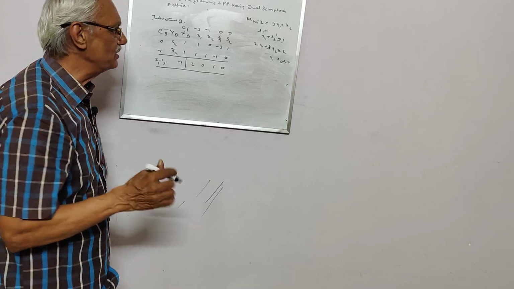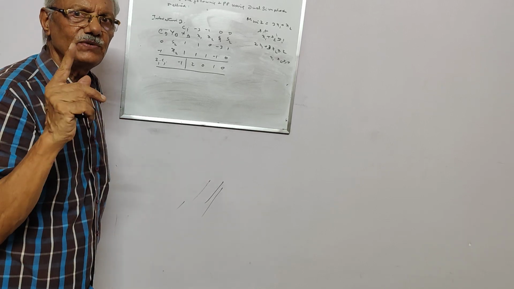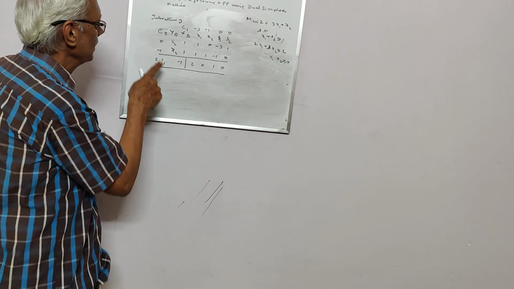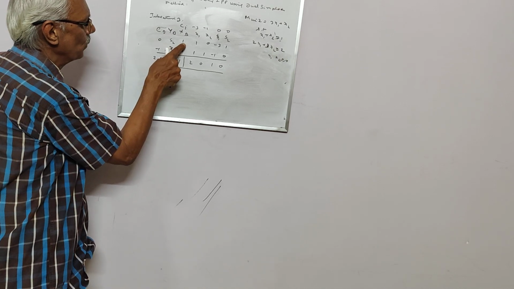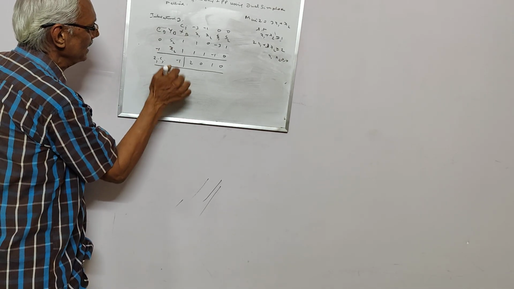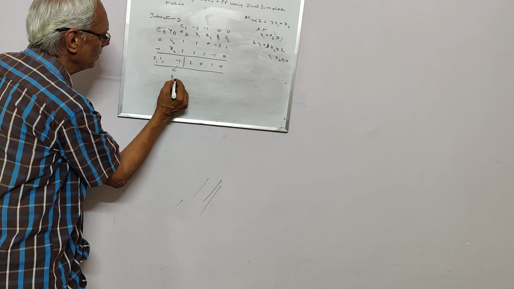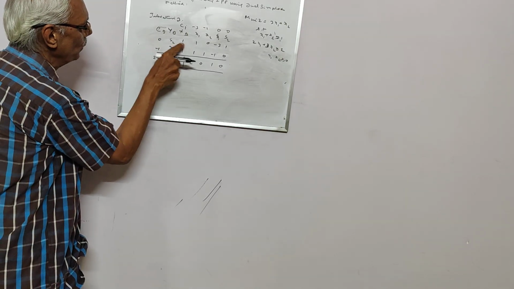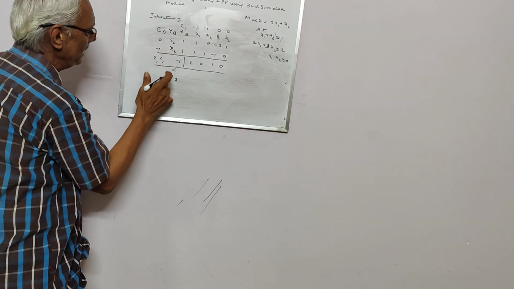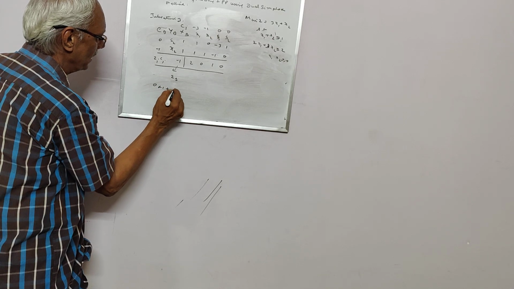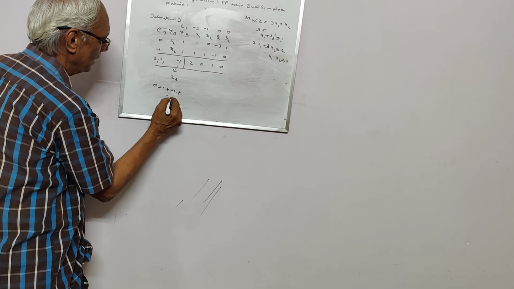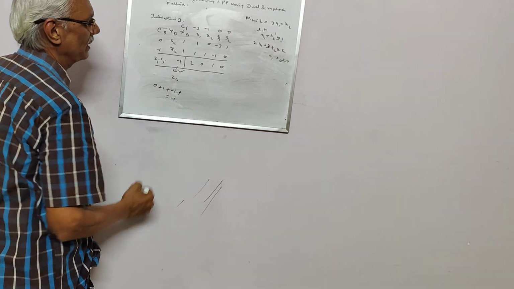For that there is a simple check. Go for the check as I taught you in the beginning. 0 into 1 is 0. Minus 1 into 1 is... see, what is this column, the ZB column? It is got by 0 into 1 plus minus 1 into 1, that is equal to minus 1. So I have got here.